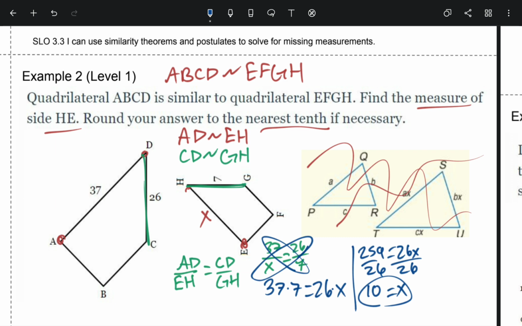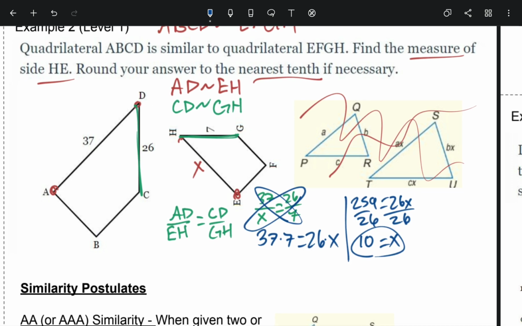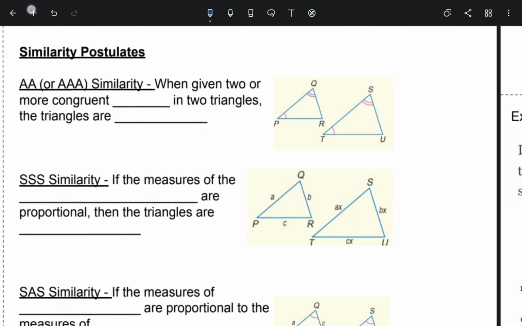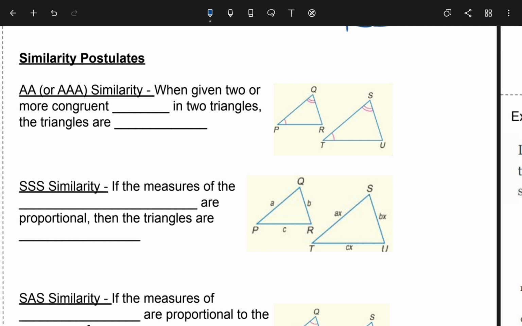Now that we've looked at some algebraic problems, these are all level 1. In order to get level 2, so a C, you have to be able to identify which similarity postulate can help you prove that the two figures, or the two triangles specifically, are similar. So the first similarity postulate is AA or AAA, and A stands for angle.